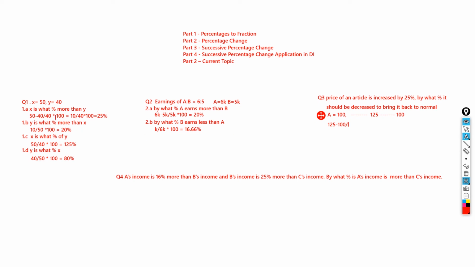You can correlate it with by what percent is x more than y. So 125 minus 100 divided by 125, multiplied by 100. 125 minus 100 is 25, divided by 125, into 100. 25 into 5 is 125, and 500 by 5 is 20%. So this is nothing but 20%.